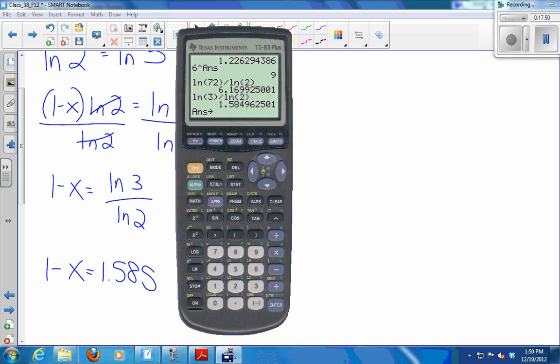I'm going to tell it to store as the letter A. So I hit alpha A, enter. Now, anytime I want to do something to this number, I can just call up A. And there is no way to clear it. You just overwrite it. If you want to store something else as A, just hit store alpha A, and it'll just overwrite this one. And you can store it as any letter you want. Get the whole alphabet there.